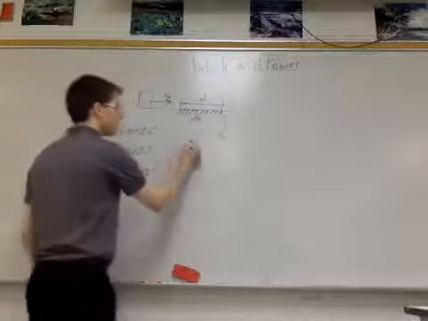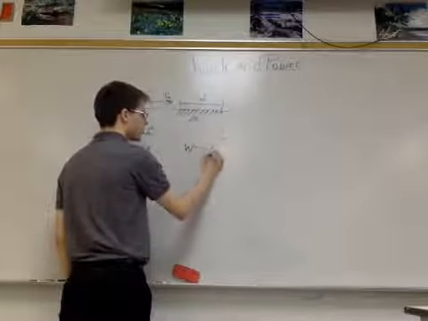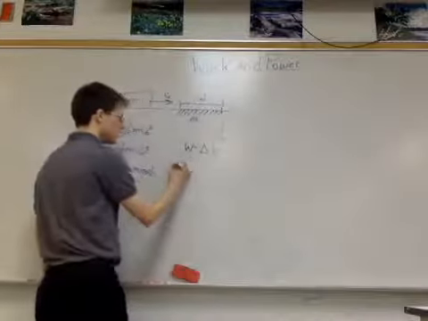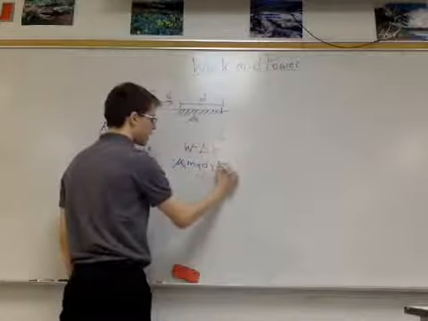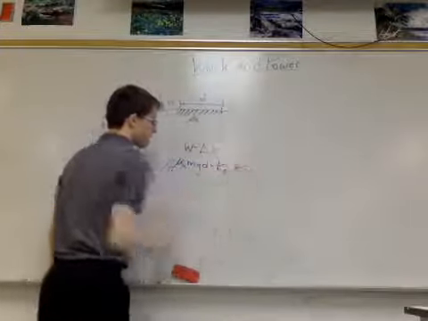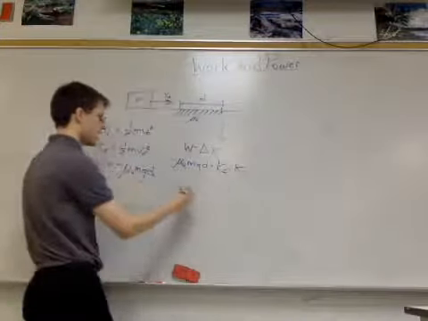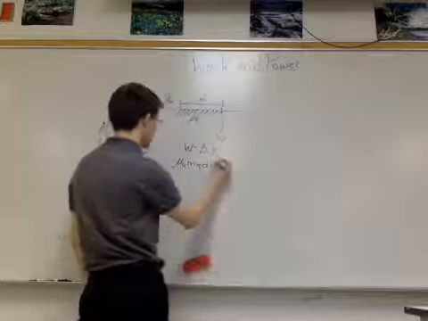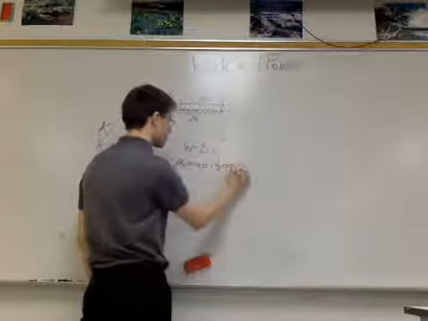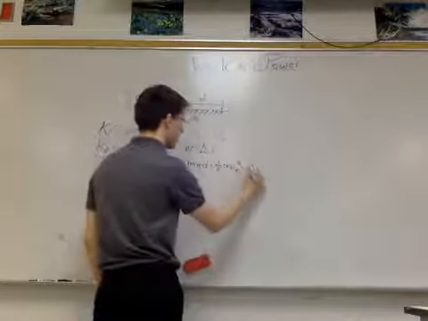So from here, we say, okay, work is equal to our change in kinetic energy. So negative mu k mgd is equal to Kf minus Ki, with Kf being, I'll just write those down, Kf is 1/2 m Vf squared minus Ki is 1/2 m v naught squared.